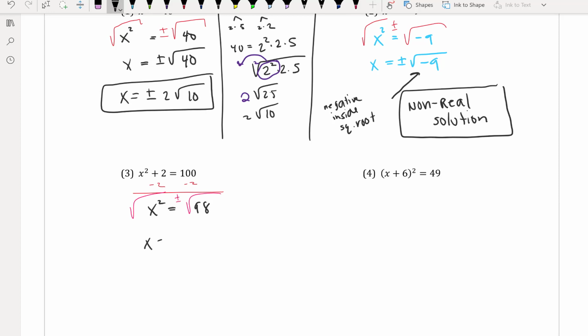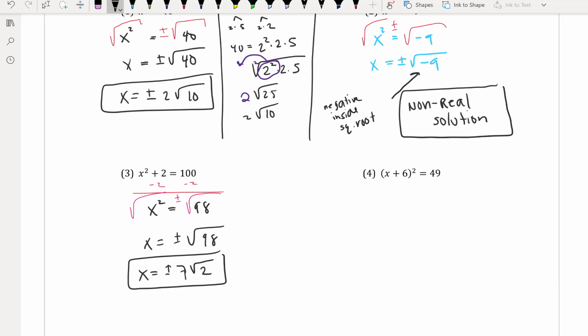So I'm left with x is equal to plus or minus the square root of 98. And the square root of 98, again, you can either break it down or plug it into your calculator, but it's going to break down to 7 square root 2 as your final answer.